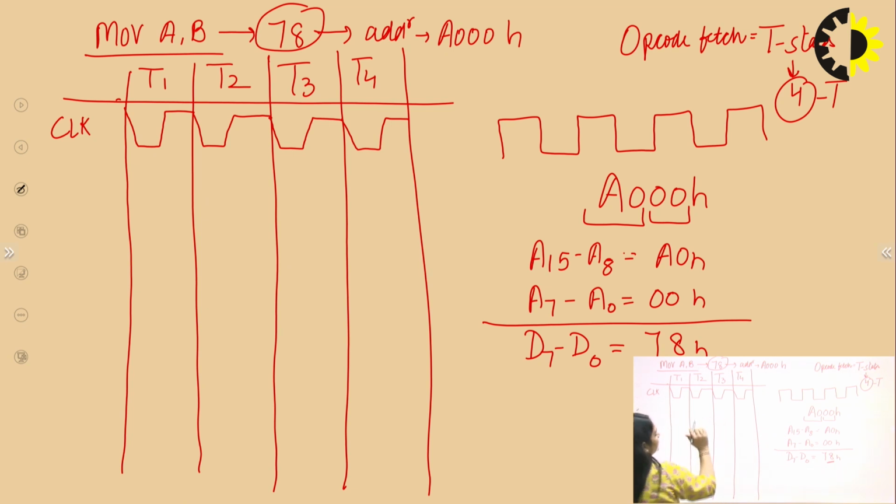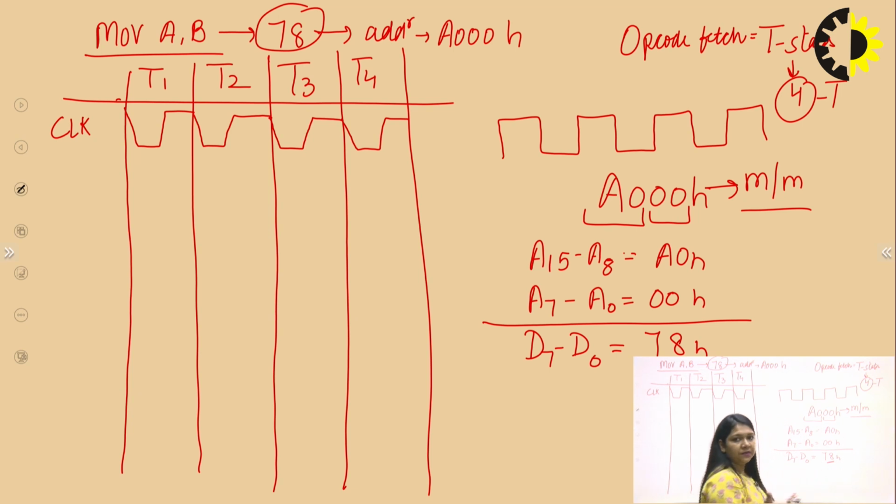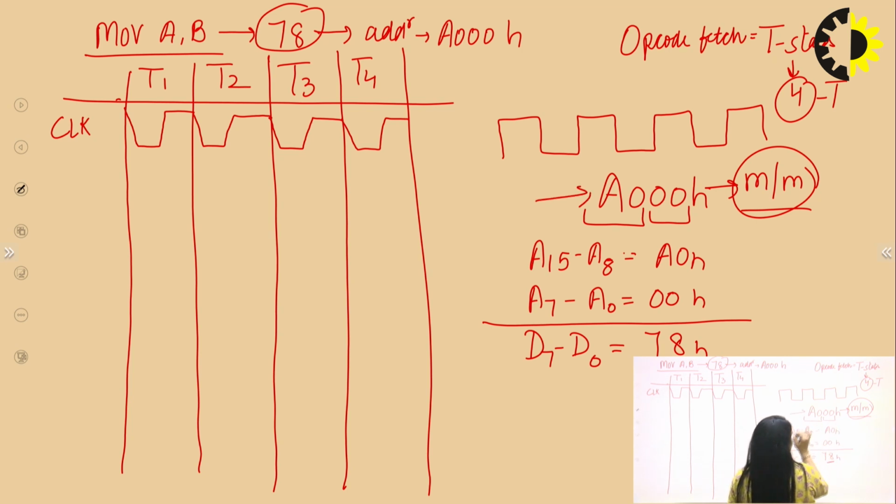Now, the very first thing a microprocessor requires is the address in the memory from where 78 will be read. So I need the higher order address bus, A15 to A8.